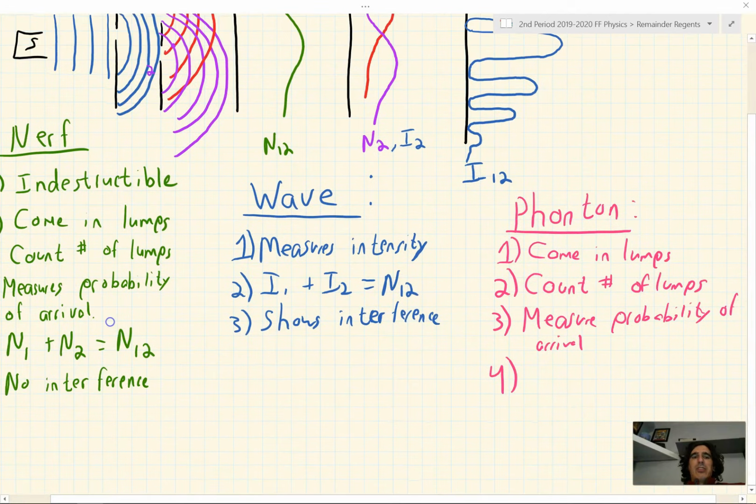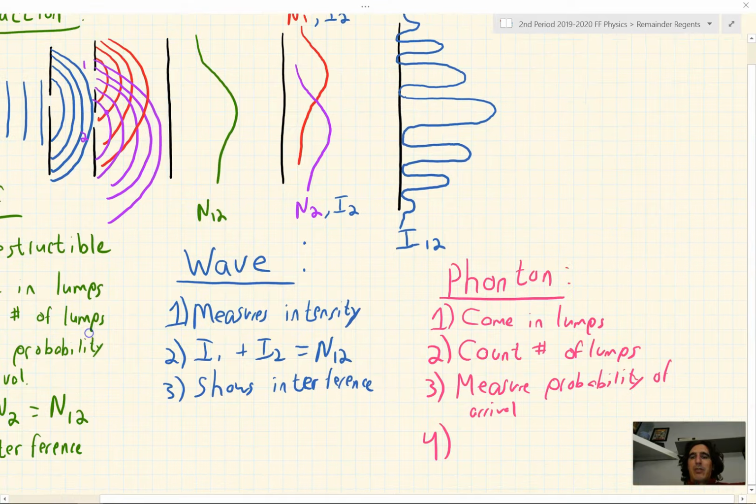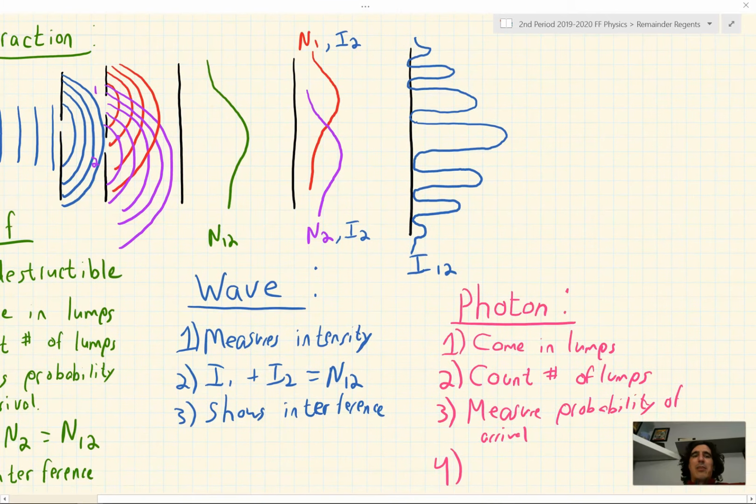Since they behave just like nerfs, the image that we get when we measure the probability of, whoops, I spelled photon wrong, sorry, P-H-O-T-O-N. Anyways, since we can count the number of photons that hit the wall, and we can measure the probability of arrival, the image that we'd expect to get is N12.